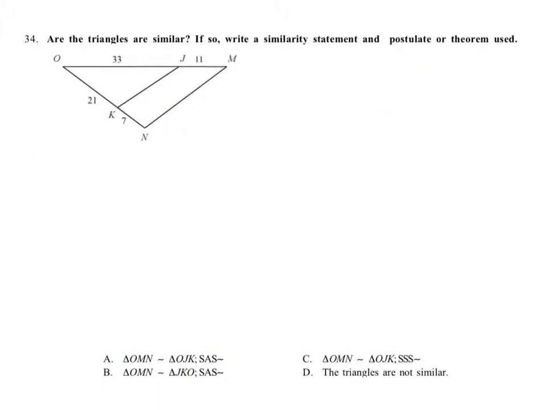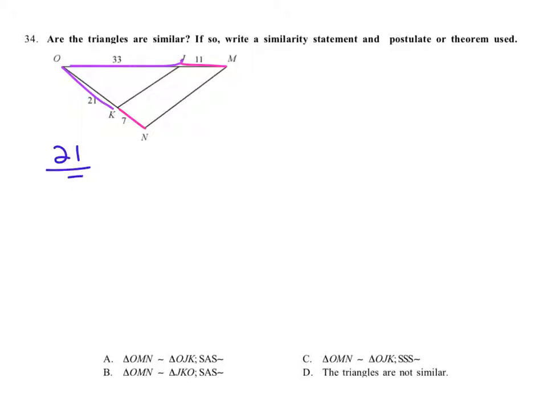Are these triangles similar? Well, we have what is called the side splitter theorem, which says that this purple side is to this pink segment as this other purple side is to this pink segment. So you can set that up as a proportion and check and see if it's true.